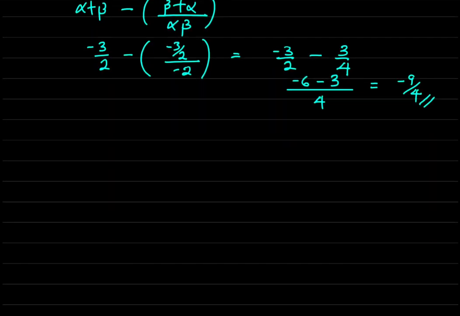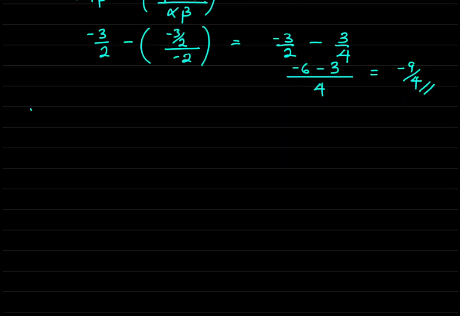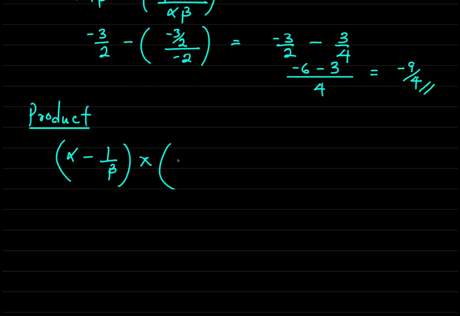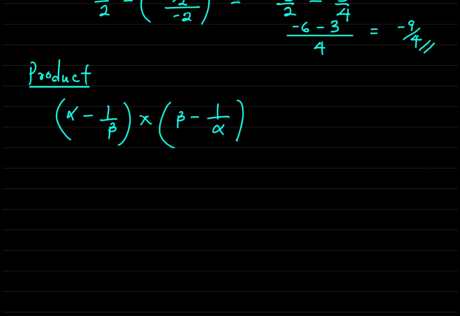Then let's go for the product now. The product of the roots, remember, is alpha minus 1 over beta times beta minus 1 over alpha. Now doing this, alpha times beta, we have alpha beta. Then alpha times minus 1 over alpha, we have minus 1. Then minus 1 over beta times beta, we have minus 1 again.